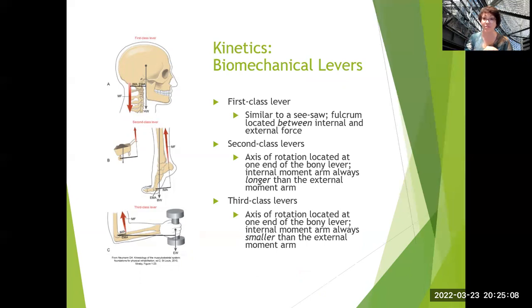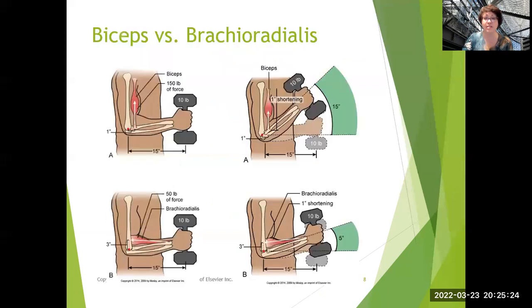When we start to talk about eccentric muscle contractions, where we're trying to slow down the pull of gravity, a lot of times it's the second class lever because we want power, we want control. So a third class lever favors motion, and a second class lever favors power.